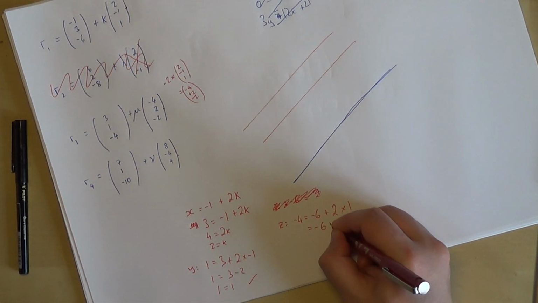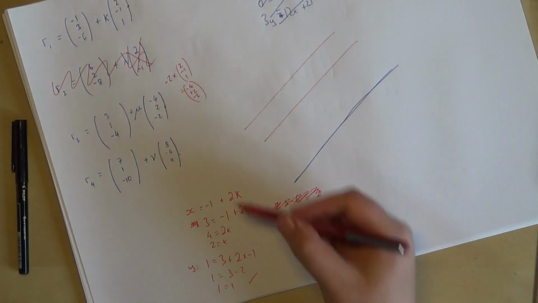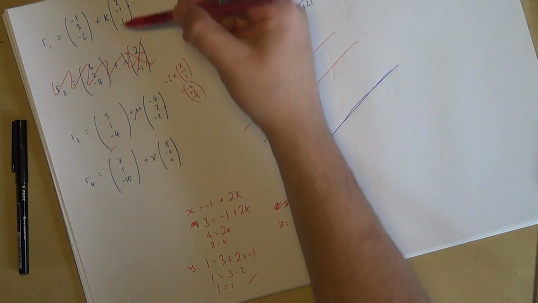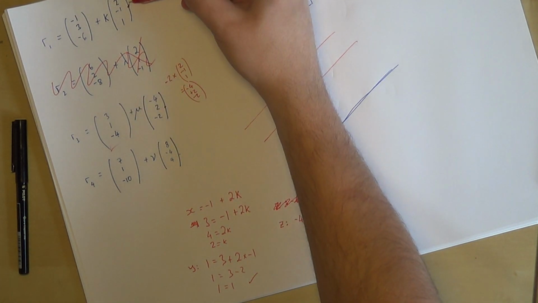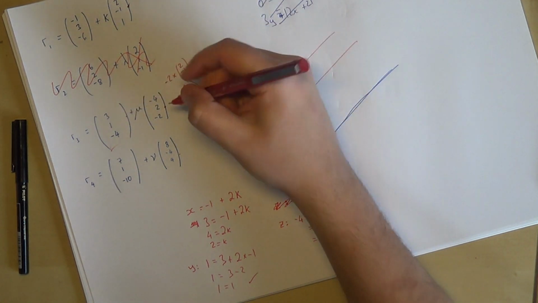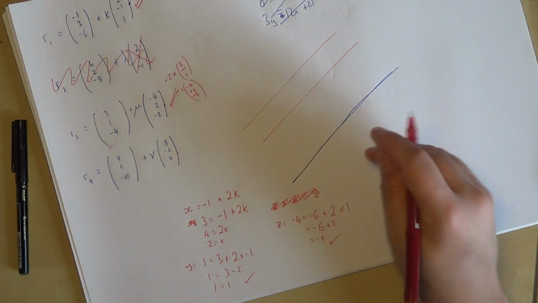So that's negative 6 plus 2, which is negative 4, and that's also true. So we can get to this coordinate here by doing 2 of those steps. So 2 of those steps get us there. So that means that these two lines are in fact the same line in a different form.